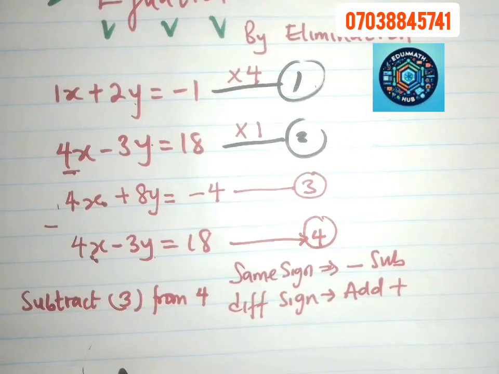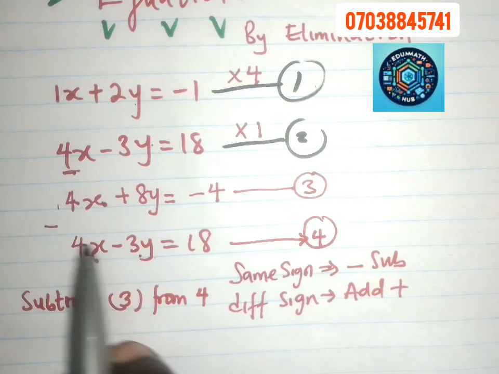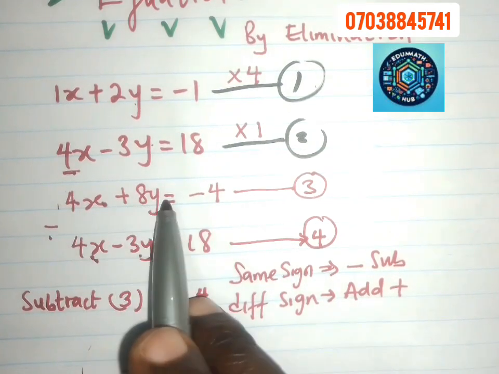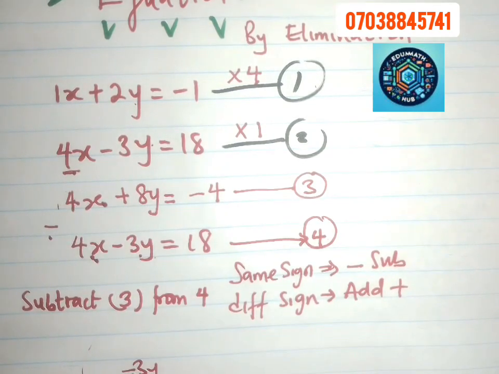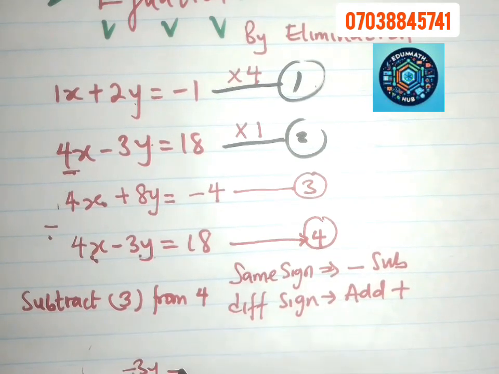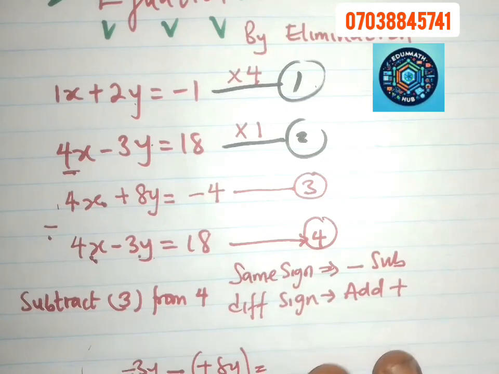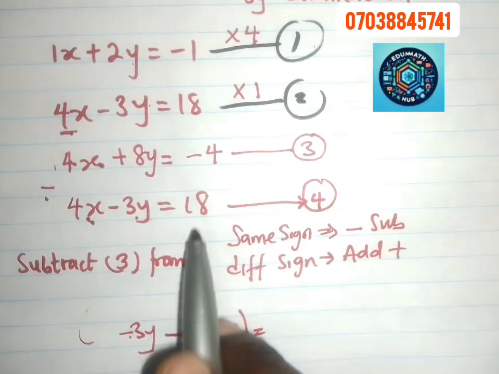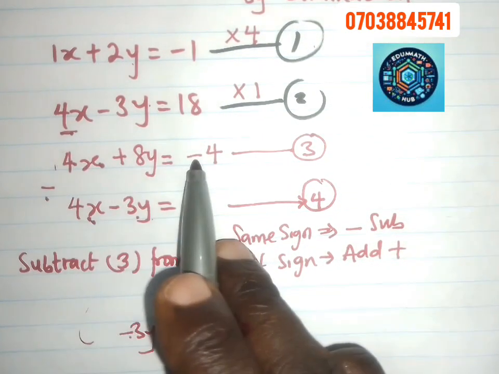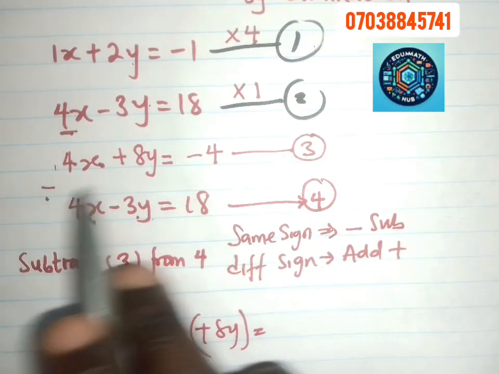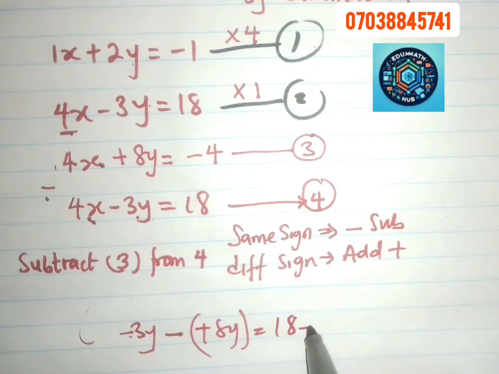Then I have minus 3y minus plus 8y. Put that in brackets. It equals 18 minus 4.